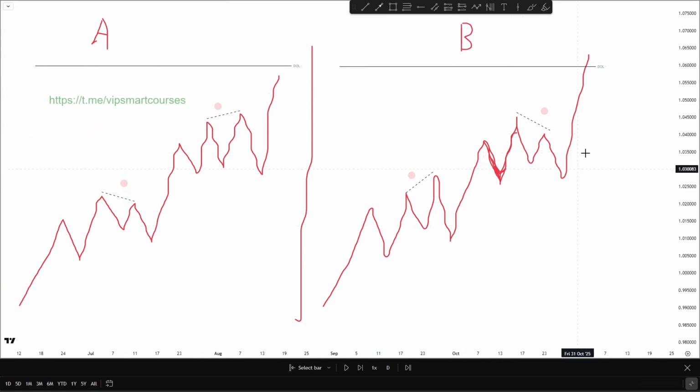So right here you can see these two correlating assets and their price action. And let's say the context is that the drawn liquidity is higher on the higher time frame.